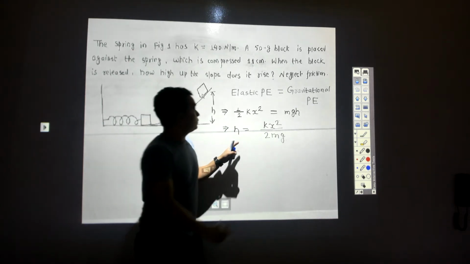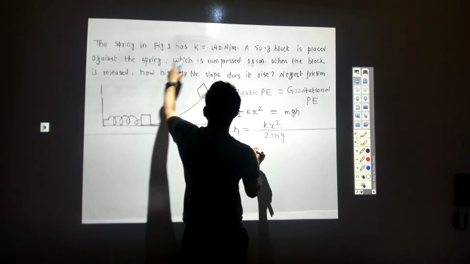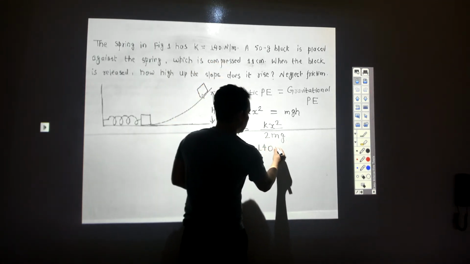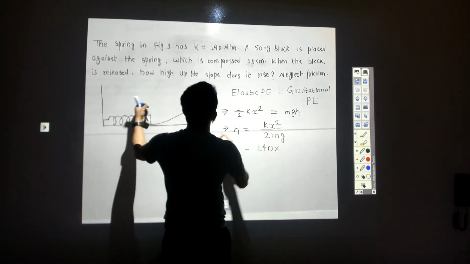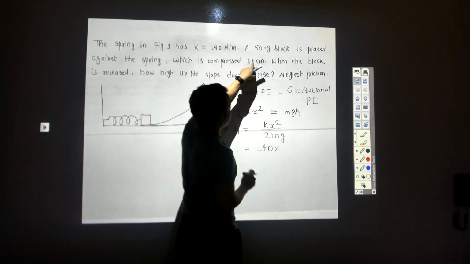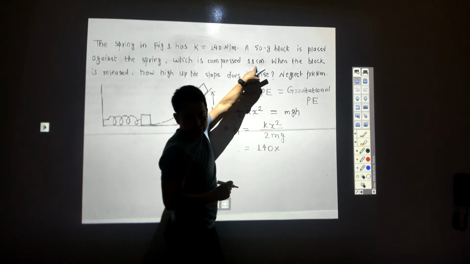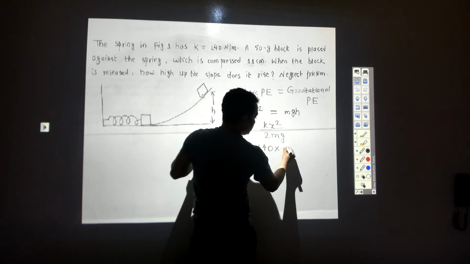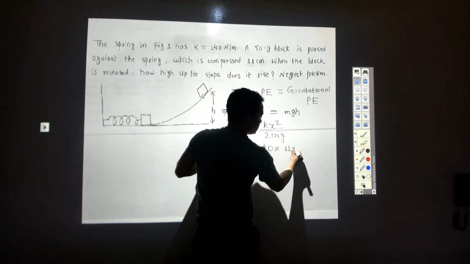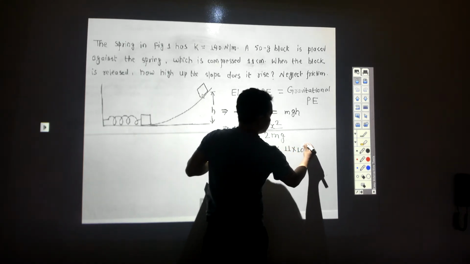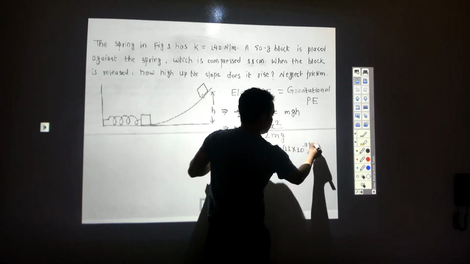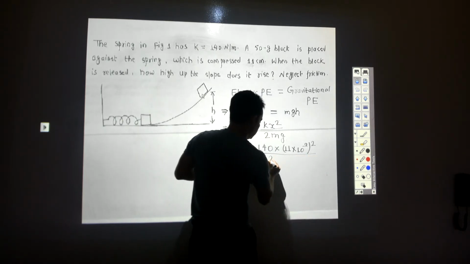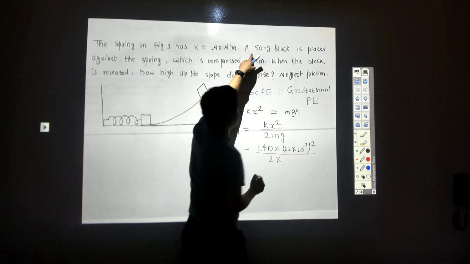What is the k value? The k is given as 140, and the spring is compressed by 11 centimeters. So you need to change 11 centimeters to meters: 11 times 10 to the negative 2, squared. This is in meters. What is the mass? The mass is a 50 gram block.